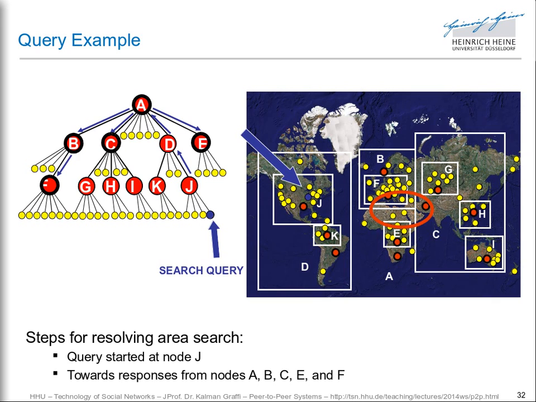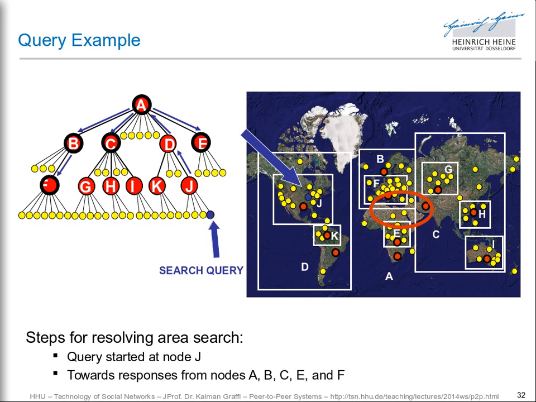Here we have another example. We have this node somewhere in the USA. No, this is not J. J is its parent. And we want to know about all peers in this area. The steps are like before.